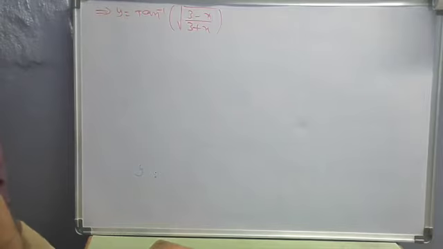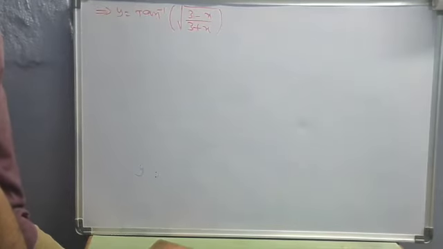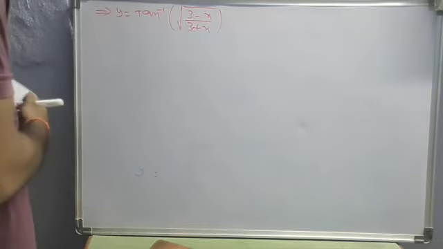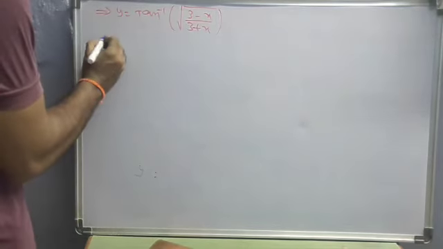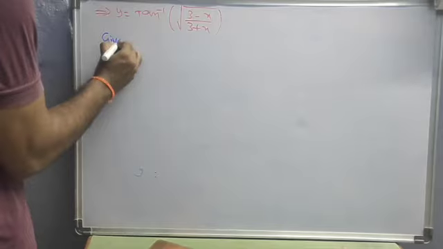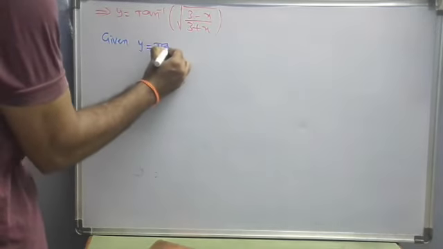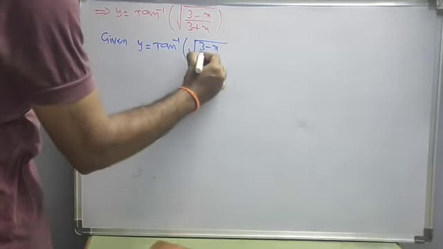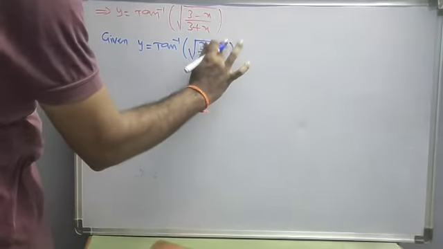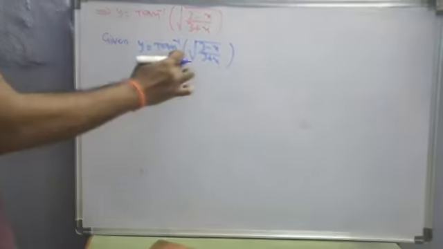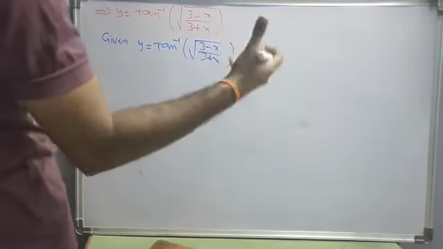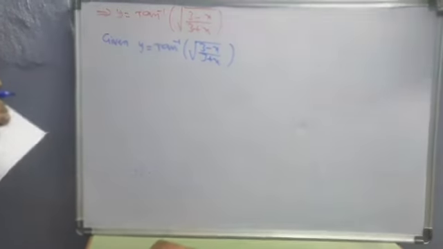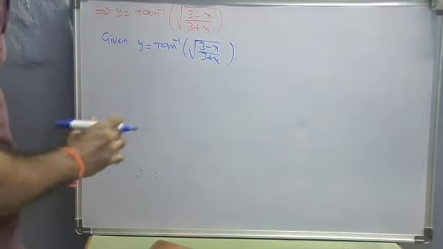Here we have to take some substitution value for x, and find dy by dx. Everyone just observe it carefully. Given y equal to tan inverse of square root of 3 minus x by 3 plus x. If the total function becomes tan inverse of tan, both will cancel, and our problem becomes very easy.